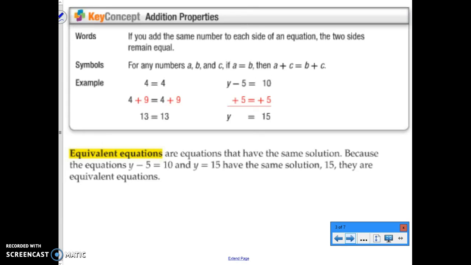Here they show you an example in numbers. And down at the bottom it says equivalent equations are equations that have the same solution. Because the equations y minus 5 equals 10 and y equals 15 have the same solution, 15, they are equivalent equations.